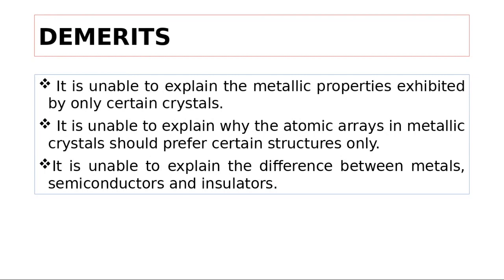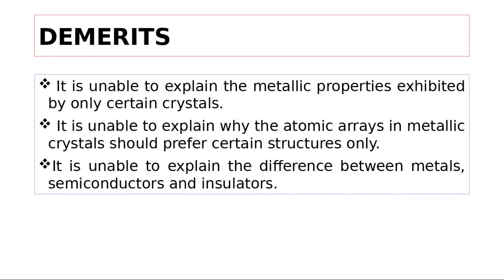It cannot explain the metallic properties exhibited by only certain crystals. There are so many crystals, and only certain crystals have metallic properties, meaning some are metals. If the others don't have metallic properties, what are they? The theory does not explain the difference between semiconductors, insulators and metals, and it does not explain why certain metallic crystals have definite structures.